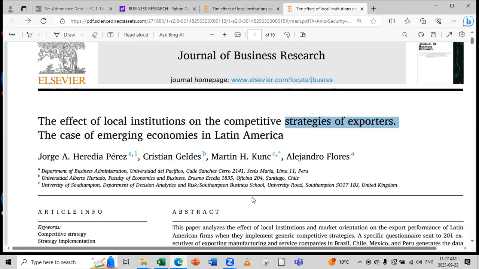Clear, my dears? We have two things: one independent variable, and this independent variable will affect the dependent variable. Remember, the temperature is the independent variable and the ice cream is the dependent variable. Am I clear till the moment? All clear, my dears? Okay.